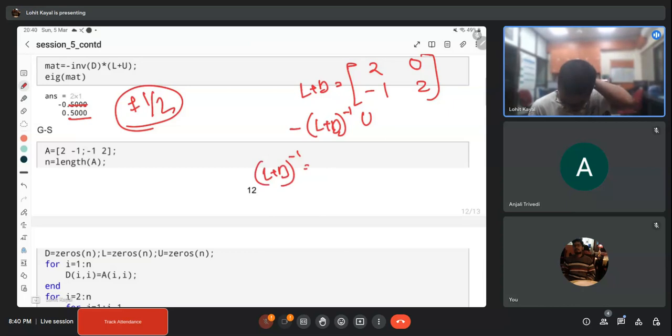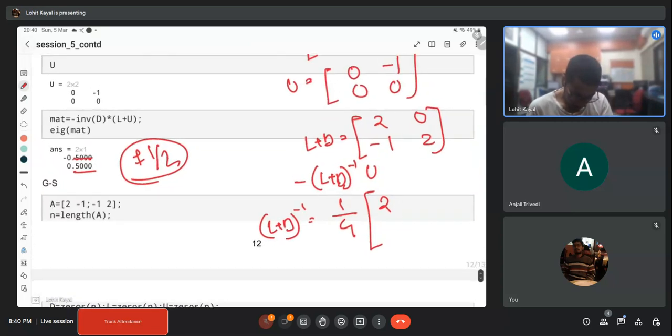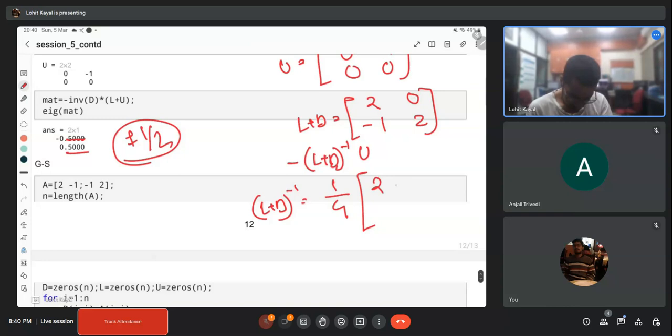Now what will be the inverse of L plus D? I need to calculate the determinant, which is 4, and the sign changes. So what was the formula for that? I think this will be the result.